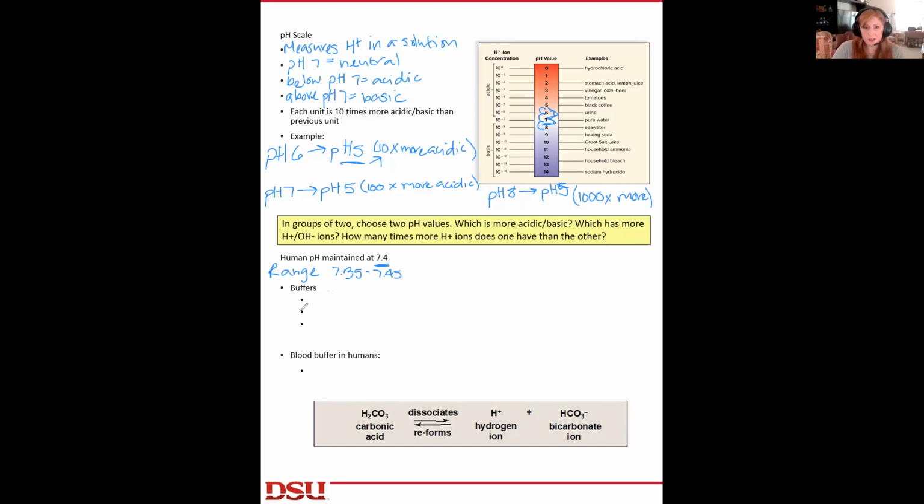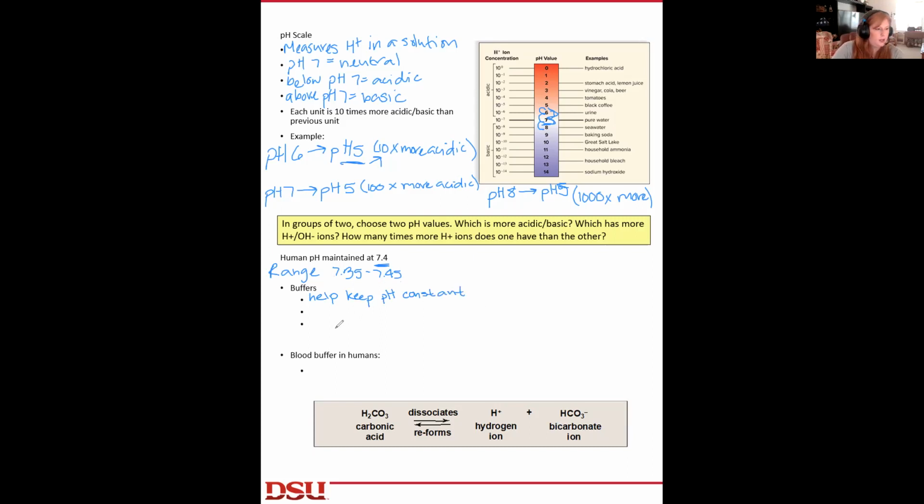of things called buffers. And these buffers are just there to keep the pH constant, keep it where it belongs, okay? So some of those buffers are going to help keep pH constant.